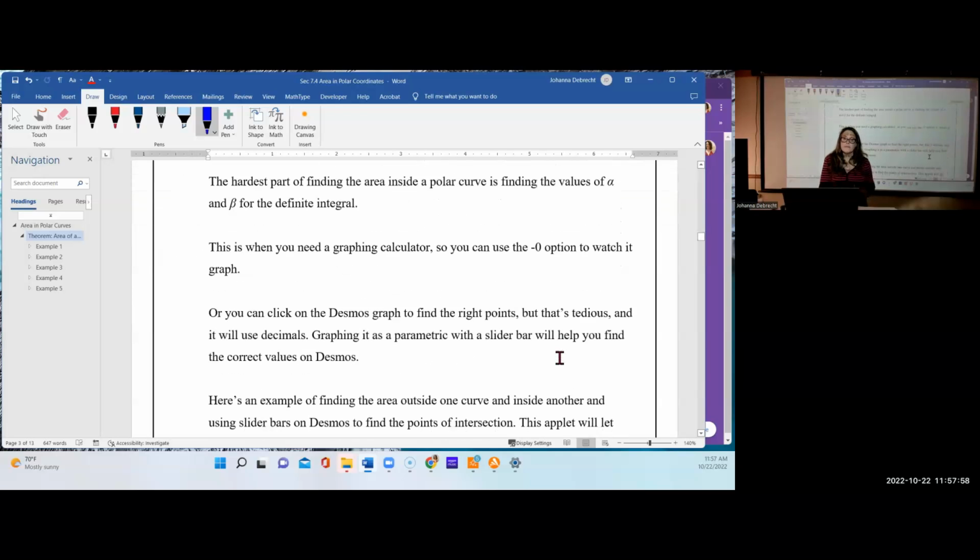We will use a graphing calculator, and we will also use Desmos to do that. On the graphing calculator, the option I call the key symbol is very effective, because if you think you've got the right alpha and beta, you can set alpha as theta minimum and beta as theta maximum, and watch to see if it traces exactly the part of the polar curve that you want, and then you'll know you've got it.